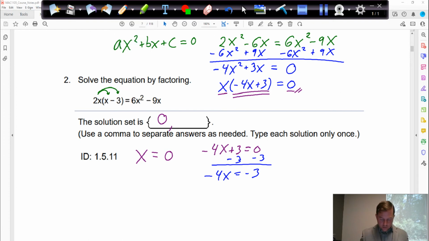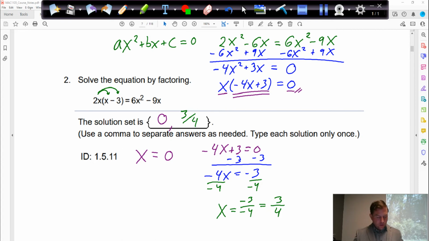And then we will divide both sides by negative 4 and get 1x is equal to minus 3 over minus 4. But because of the double negative rule, those two negatives can cancel and you just get 3/4. So we have two answers. If x is 0, or if x is 3/4, those would both make this original statement true, or it'll make the quadratic equation, once we move everything to the left-hand side, equal to 0.